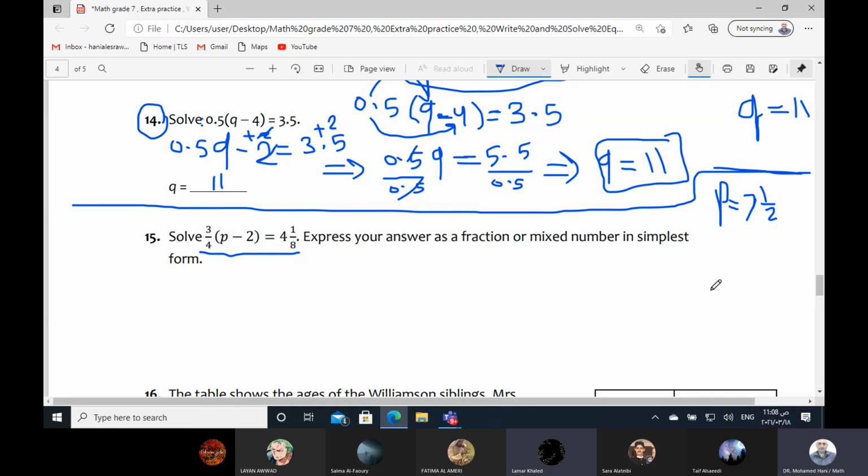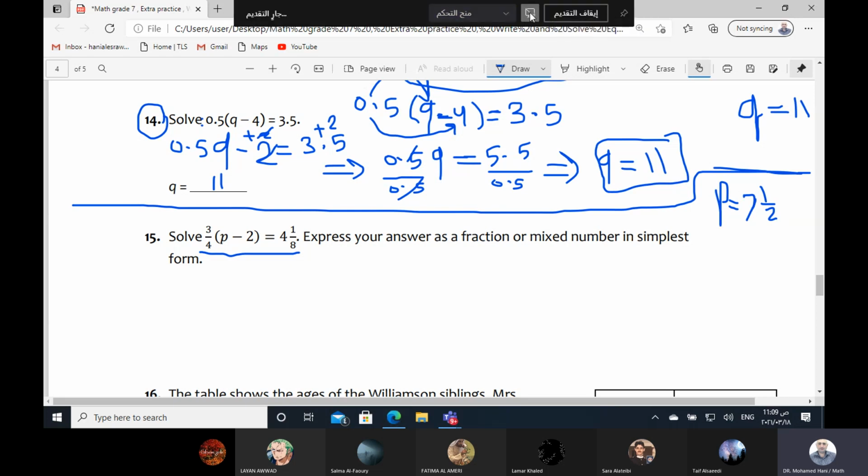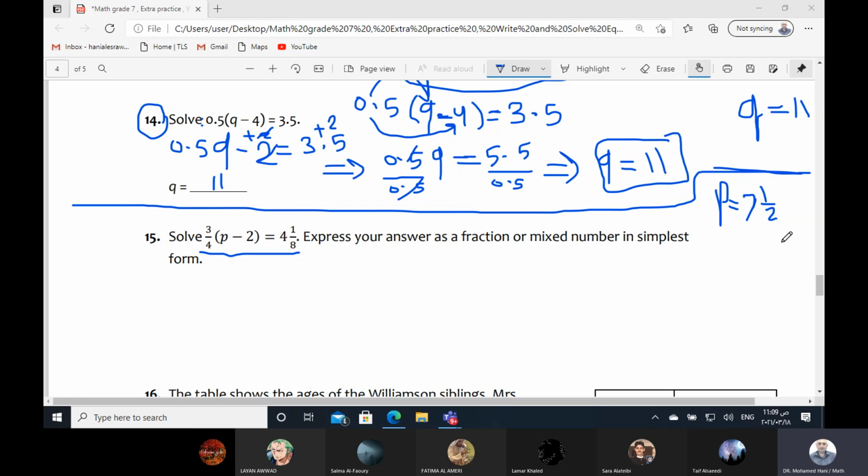Okay, no problem. It's 7.5, which means 7 and 1 over 2. Yes, the same answer. So Lamar and Fatima and Taif said 7 and 1 over 2.